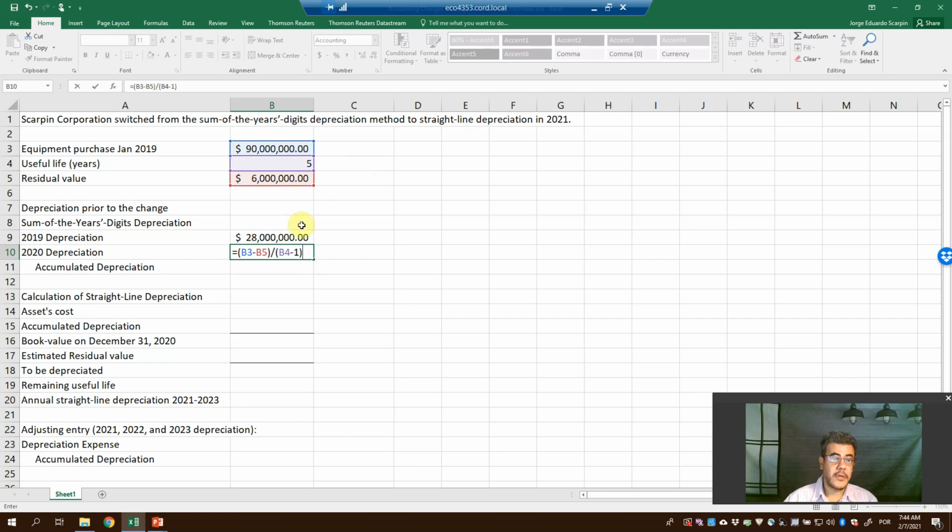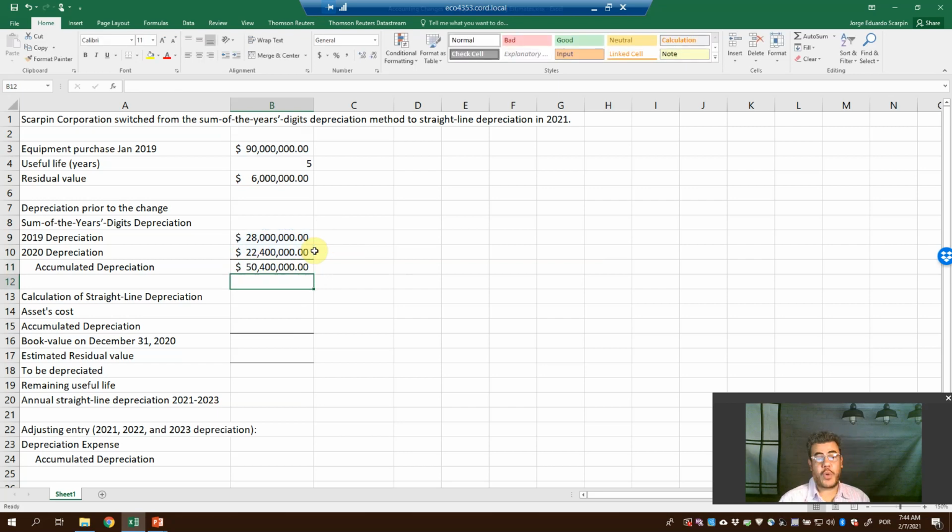Oh, sorry, it's not divided, it is times. Divided by 5 plus 4 plus 3 plus 2 plus 1, 22.4. So the accumulated depreciation at the end of 2020 is $50,400,000.